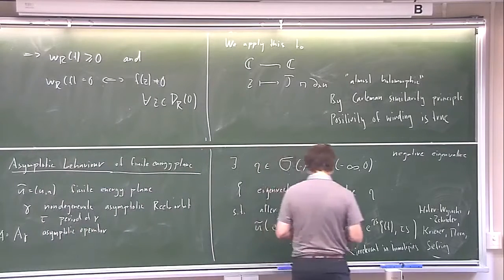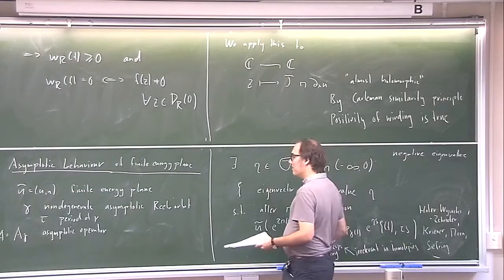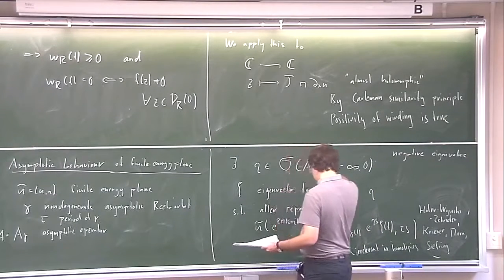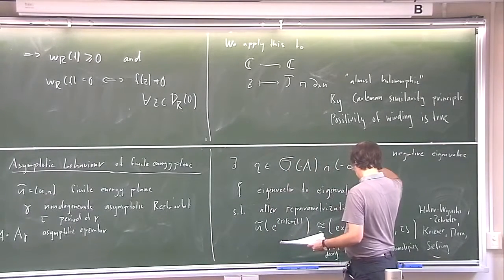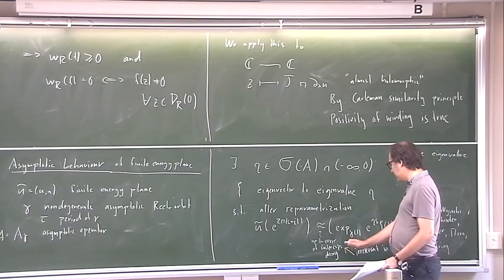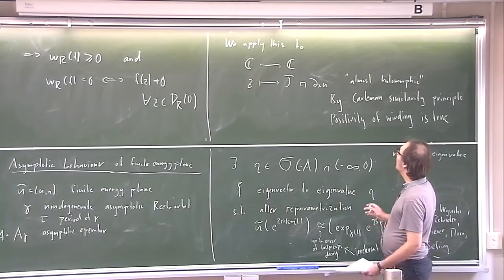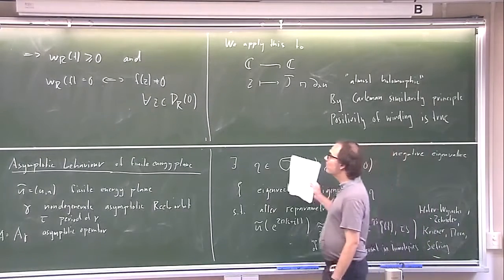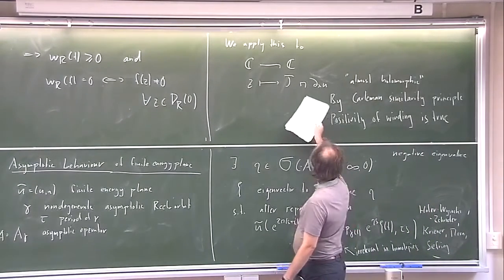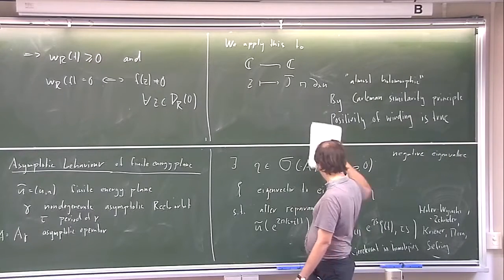So you have this behavior, and now because of this behavior, up to this error, which we don't need to worry about in homotopies, we want to compute this, and now we have a different way to compute it.